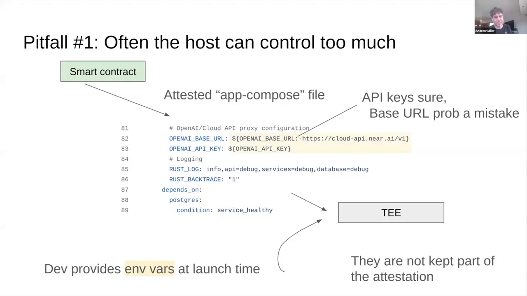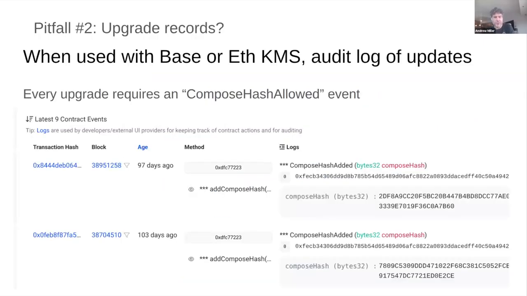It basically just becomes a gap in the developer's set of evidence that proves that they don't have any access to sensitive user data. So it's not an attack exploitable by outsiders, but it's a gap in the open source attestation code. Base URL is usually a good choice to just hard code into the Docker Compose, and API key is usually a good choice to keep as an encrypted environment variable.